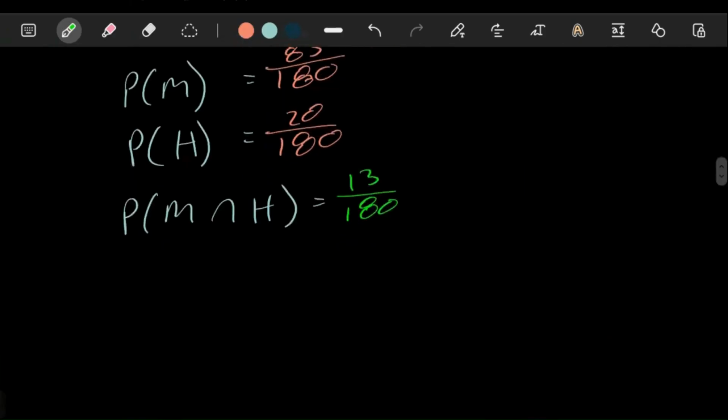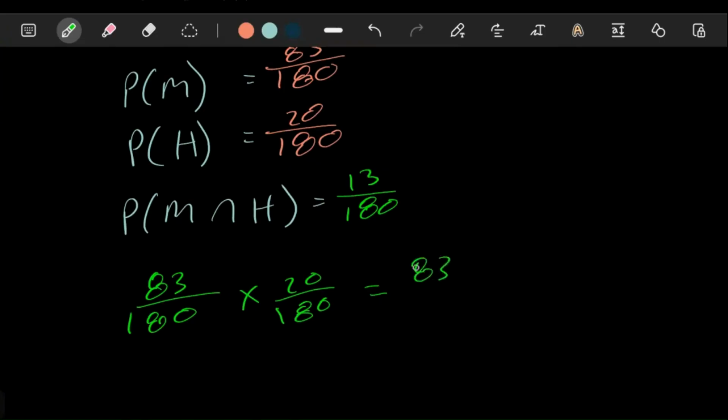So 83 over 180 multiplied by 20 over 180. It doesn't look like it's going to give that value. Let's see if it does. Nope. It gives us 83 over 1620. That is definitely not 13 over 180.